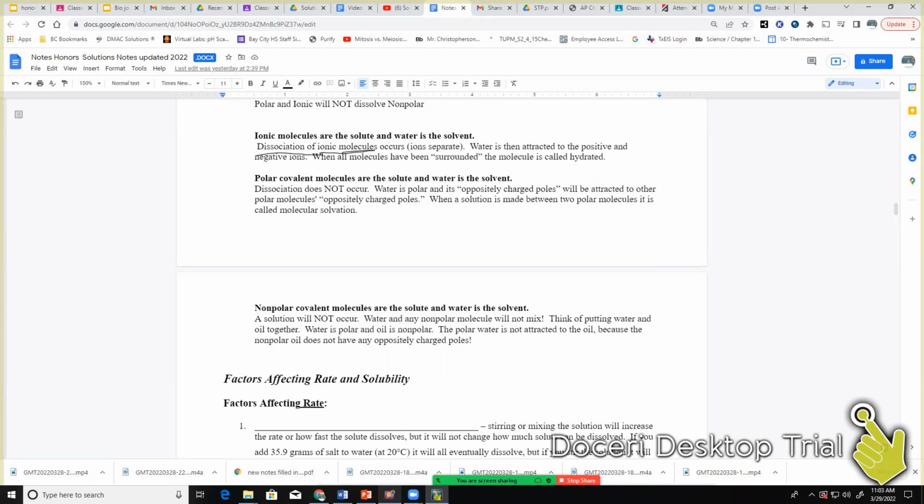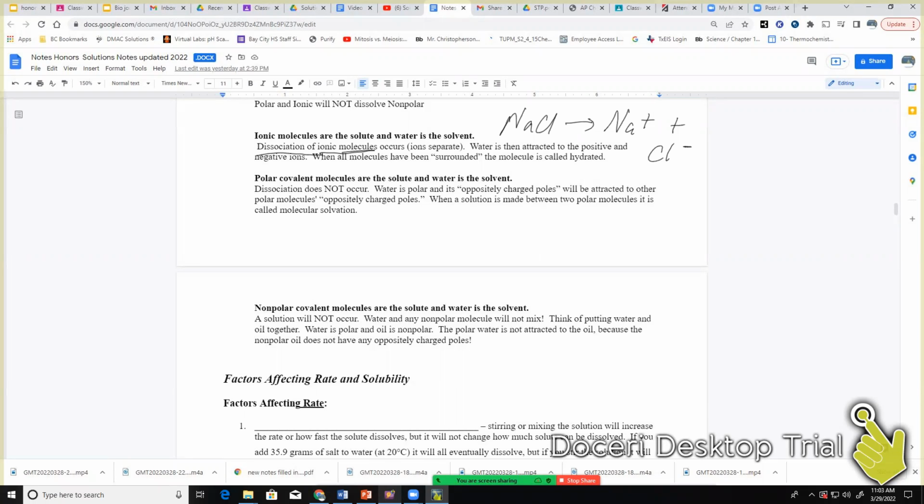And then the water will be able to surround them. So just like we did on that picture earlier, if I have sodium chloride, it disassociates into the positive sodium ion and the negative chloride ion. And then you have something charged, so you have a way for the water to come and surround it.